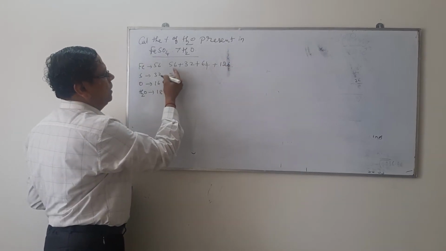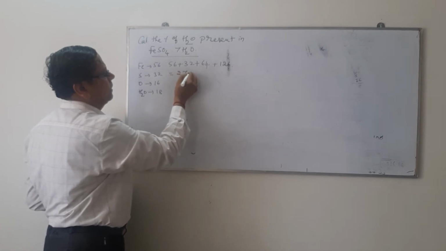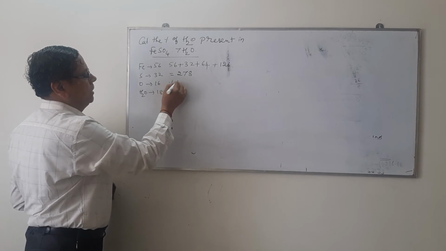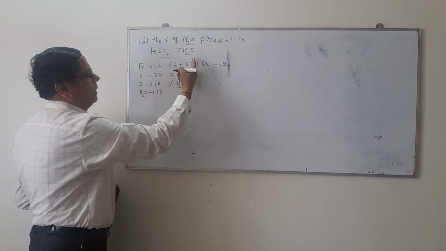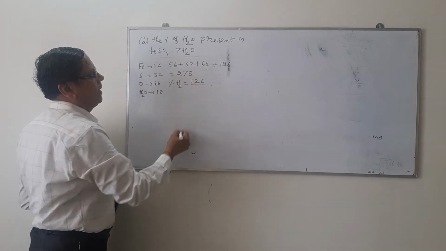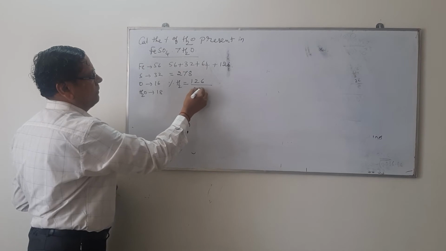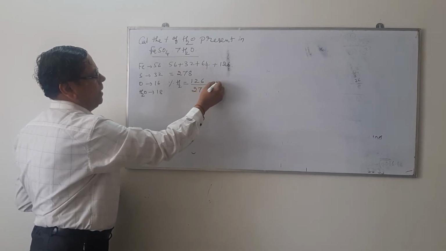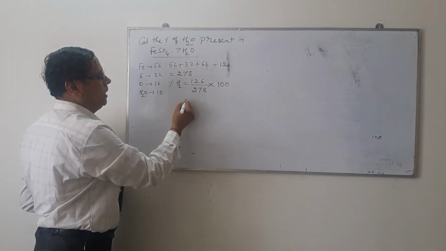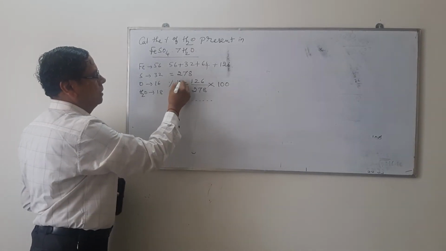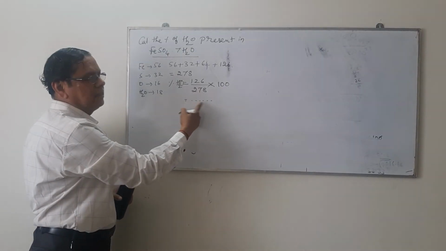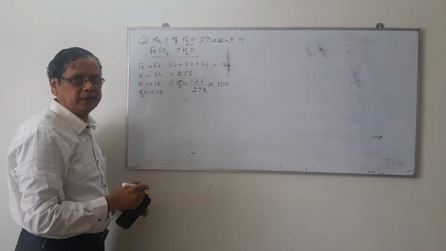So this comes out to be 278. Therefore, the percentage of water is equal to 18 into 7, that is 126, divided by 278 multiplied by 100. Whatever value we get is the percentage of water present in the given compound. What the answer is, is left to you to calculate.